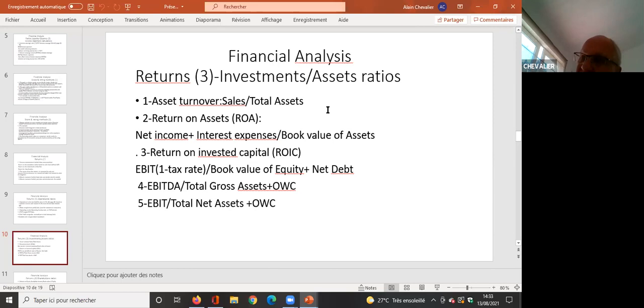Because if you have a factory and equipment, and you want to produce and sell, you need to have inventories, because you need some raw materials and some final products to deliver to the customer when they come to your distribution network, to your shop.